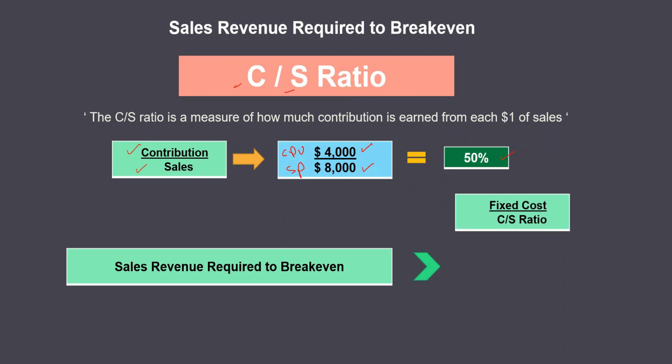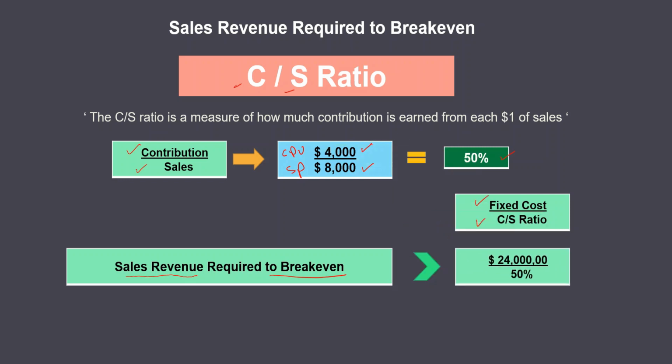Simply you take the fixed cost and divide by CS ratio. Please remember, to identify break-even point in units, what did we do? We divided fixed cost by contribution per unit. But in this case, we are going to identify the sales revenue to break even. So therefore, fixed cost should be divided by CS ratio.